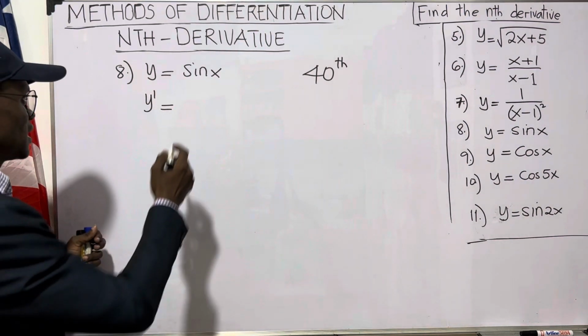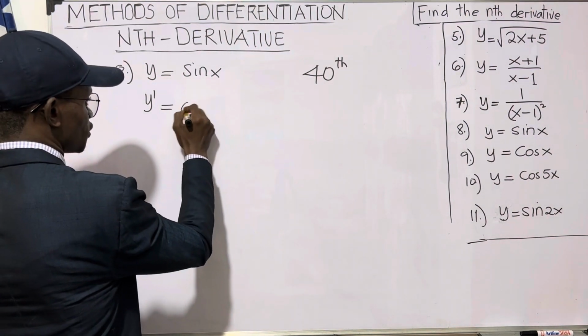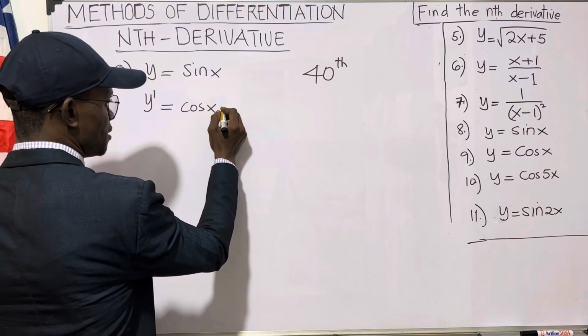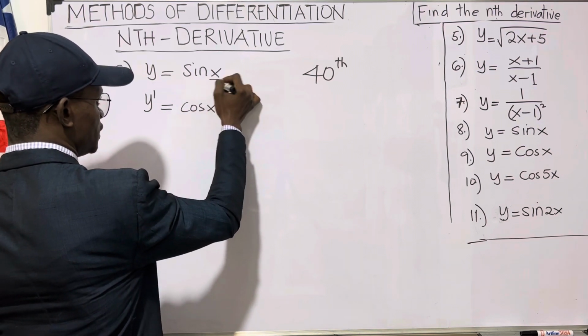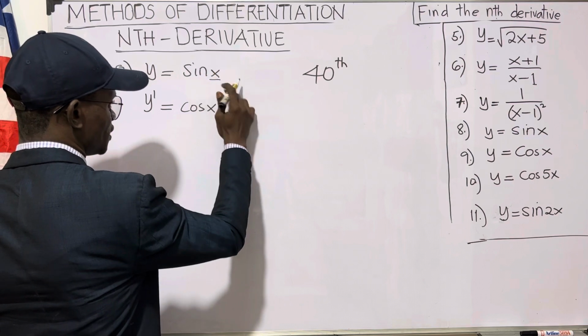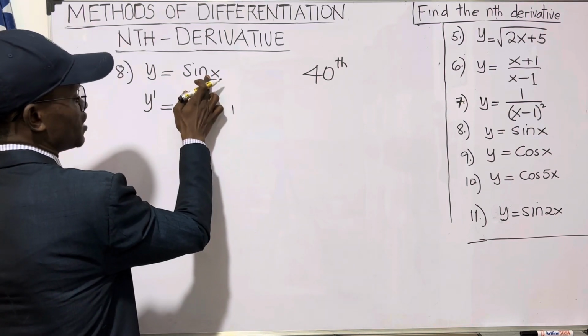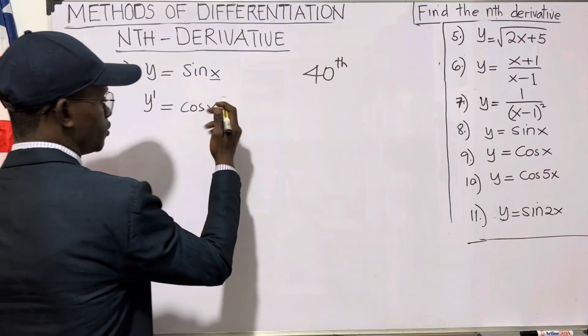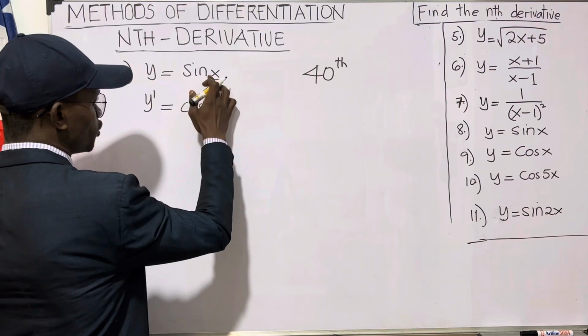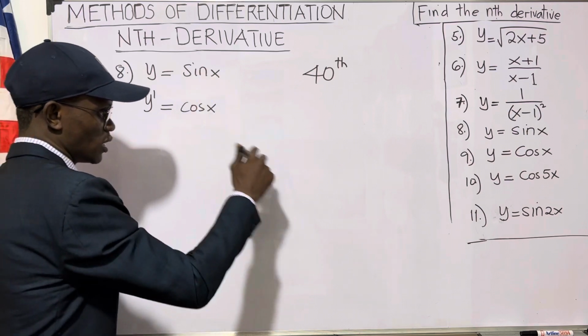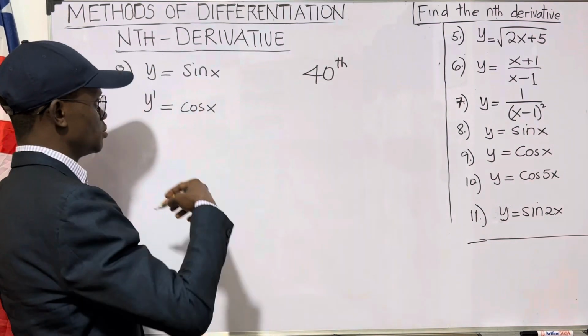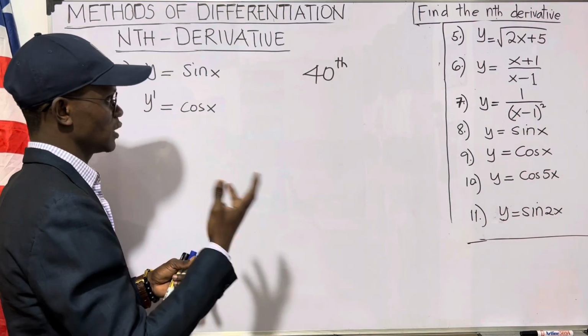The first derivative of sine of x, we told you, is cos of x times the derivative of the angle. The derivative of this angle, x, is just equal to 1. So we are not really bothered by the angle any longer, since the coefficient now is 1. If the coefficient is greater than 1 or even less than 1, it could be negative, whatever the case might be.